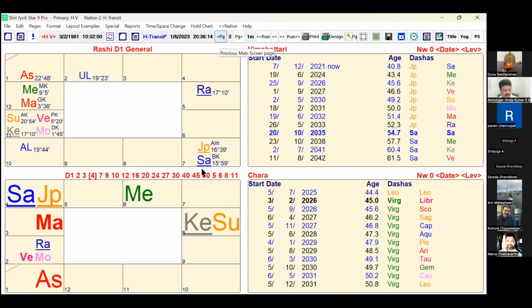Yes, this is correct. But did you want the North Indian chart, Guruji, to be displayed? We'll ask the students whether they want the North Indian chart. You can always raise your hand. Right now, so far nobody has raised their hand. So we'll continue like this. I think people are used to this. In this, we have all the divisional charts as well.